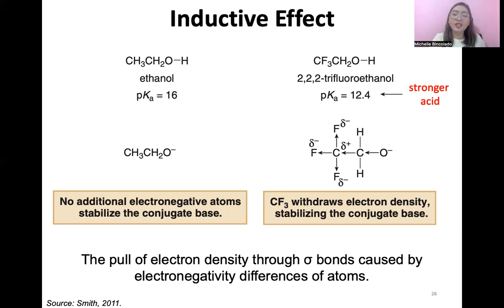And you will see guys later sa next chapters natin, dun sa mga compounds na acidic, the presence of halogens will actually increase the acidity of that compound. Similar guys sa effect dito sa ethanol versus 2,2,2-trifluoroethanol. So we have used the reasoning about inductive effect to explain kung bakit siya stronger acid.